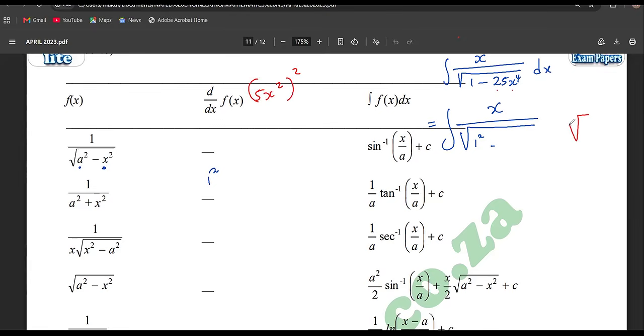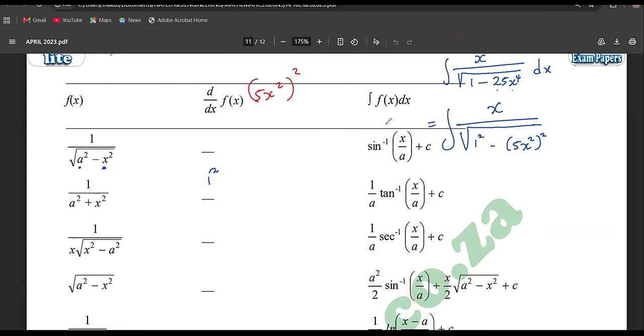The square root of 25x to the power of 4 is 5x squared. So that can be rewritten as 5x squared to the exponent of 2. This is what we need.